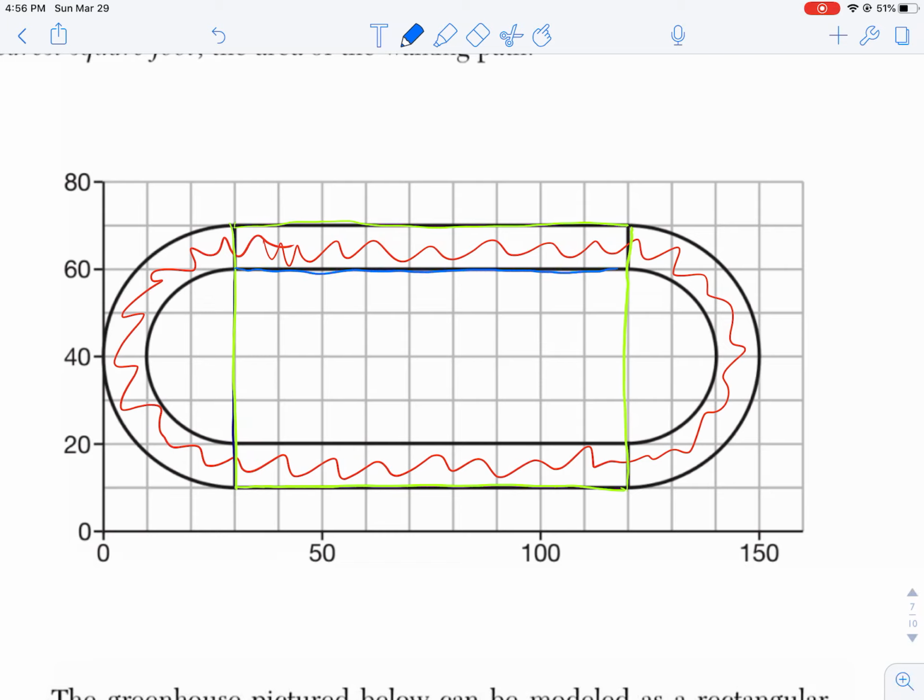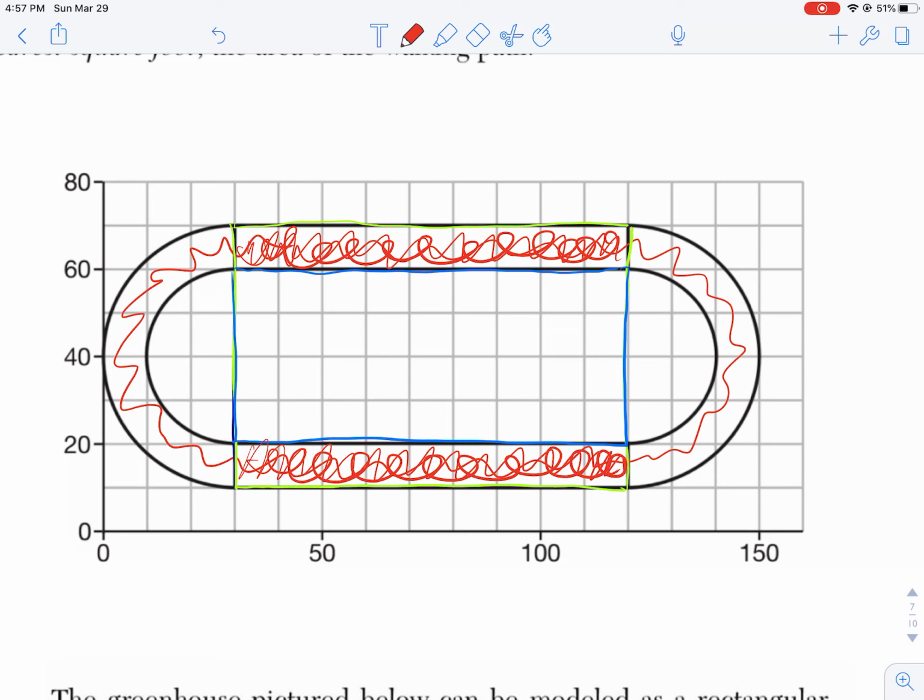Then we're also going to have to find the area of this rectangle. And then to get that space in the middle, we're just going to subtract the area of the larger one by the area of the smaller one. And what remains will be this space right in here.